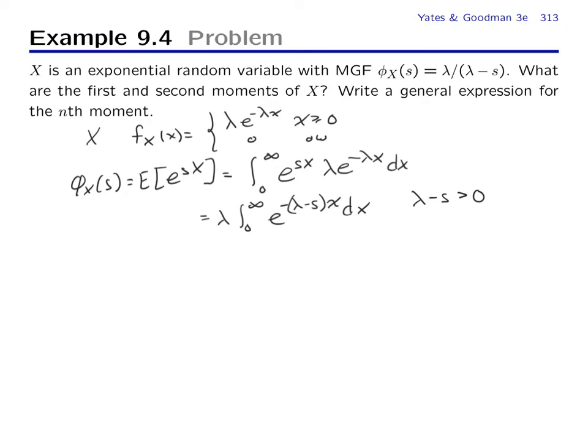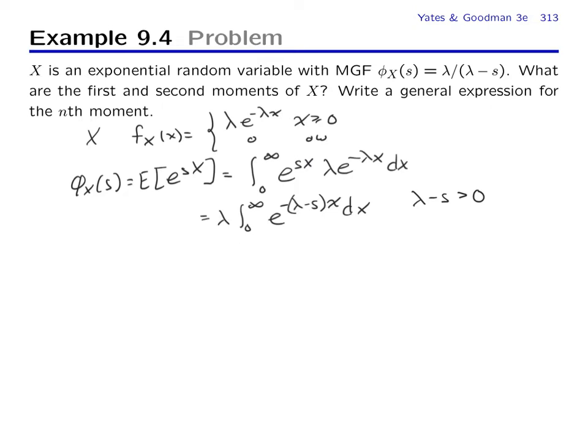If s is too big, then e^(sx) can blow up too quickly, and the moment generating function might fail to exist. However, all of our well-behaved random variables have the property that there's a region of s's around 0 for which we're assured that the moment generating function exists.